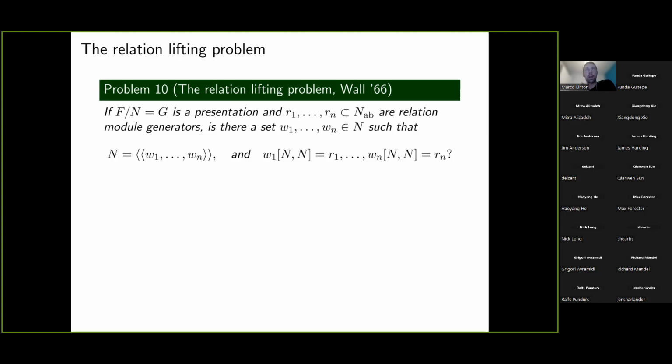Formally, you have some set of generators of your relation module, and again we're assuming everything has finitely many generators. And the question is: is there some set of normal generators of N which project to these relation module generators?